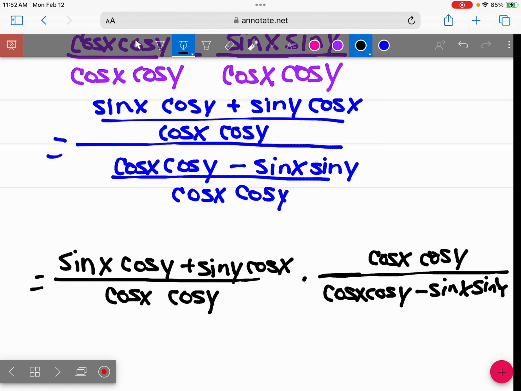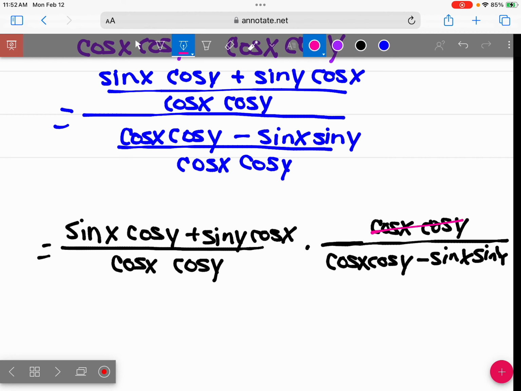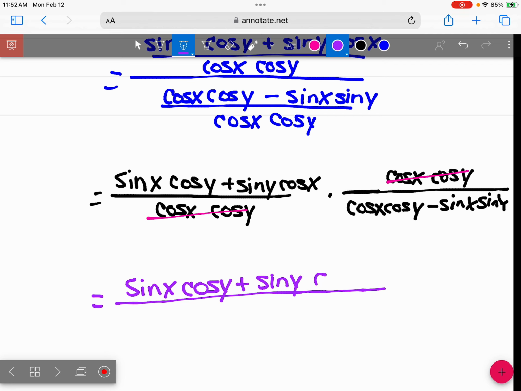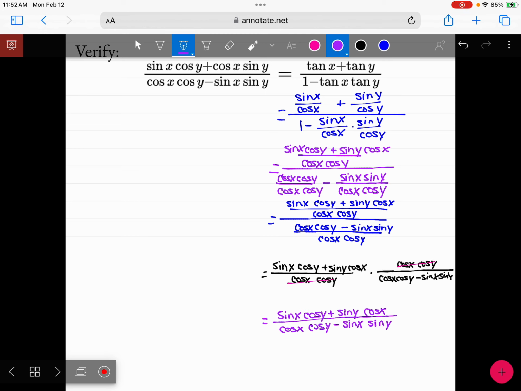And we can see this piece and this piece cancel out, and it's going to give us one big fraction. This should be our last time here. Sine of x cosine y plus sine of y cosine x over cosine x cosine y minus sine of x sine of y. And that is actually what we were trying to get to.